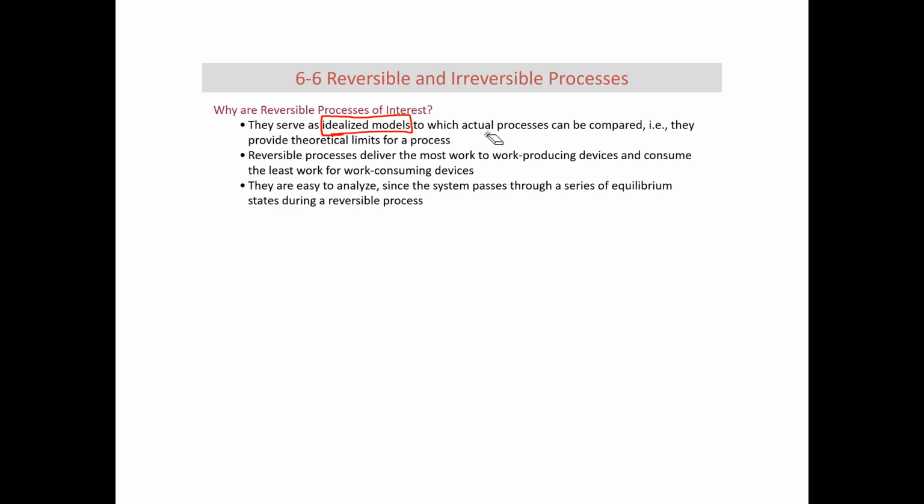So, for example, a pump: the more efficient a pump is, the less work it consumes to produce the pressure change. For a turbine that produces work, the closer to a reversible process the turbine is, the more work it will produce for the same change in pressure of the steam. They are also easy to analyze, since the system passes through a series of equilibrium states during a reversible process.